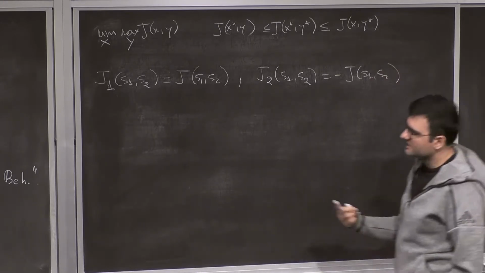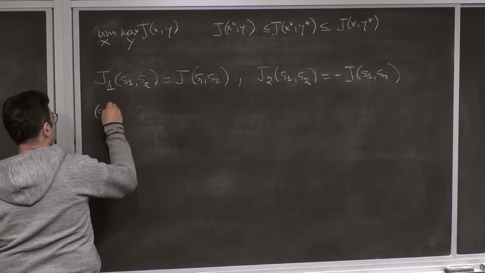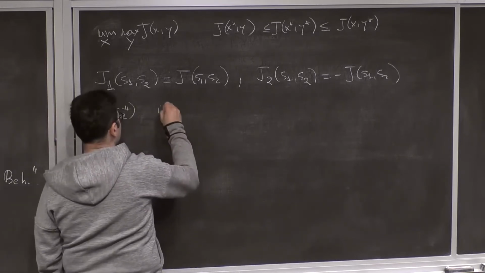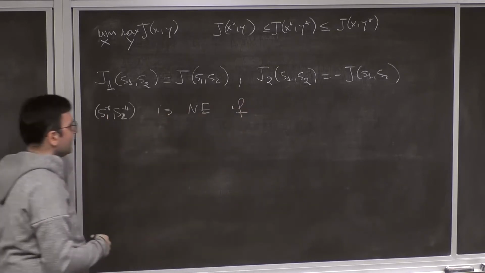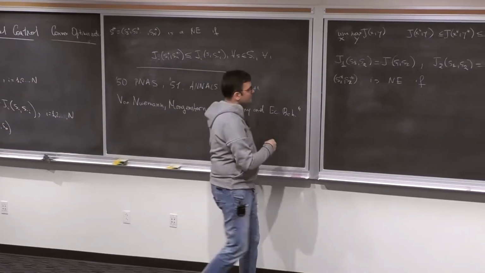And then you can see that (s1 star, s2 star) is a Nash equilibrium if, so let's write down what the Nash equilibrium means for this choice.